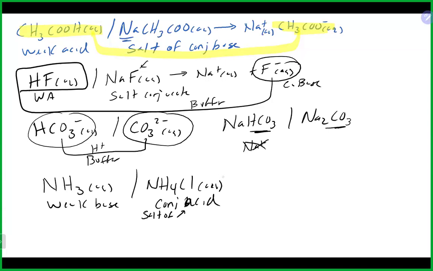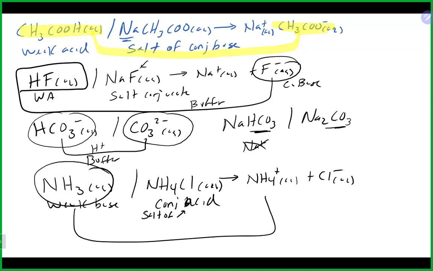Once again, ammonium chloride is a salt that will break apart into NH4+ and Cl- in solution. And it is this ammonia and the ammonium, which is really the conjugate acid, that is your buffer here. So these are some examples of some buffers.